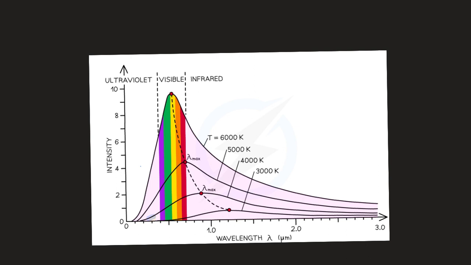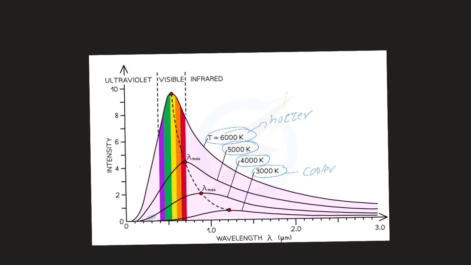It represents the black body curve for 4 stars. Peak intensity at a temperature of 3000, peak intensity of the second star at a temperature of 4000, 5000, 6000. So this is the cooler and this is the hotter in this case.